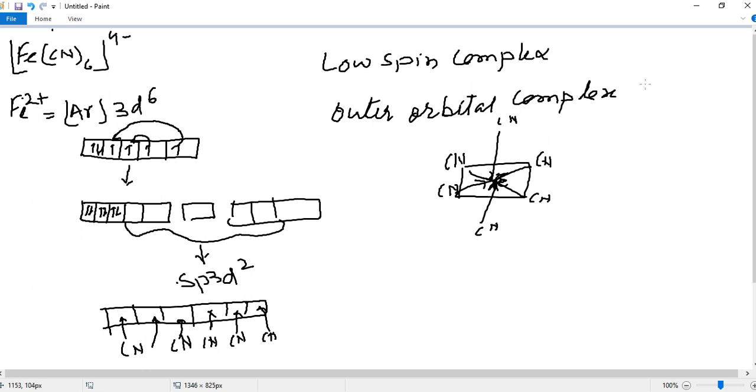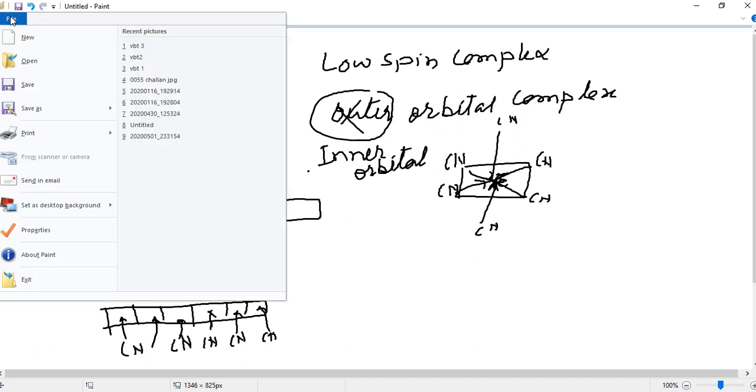If inner orbital is used, that will be an inner orbital complex. This complex will be called an inner orbital complex.